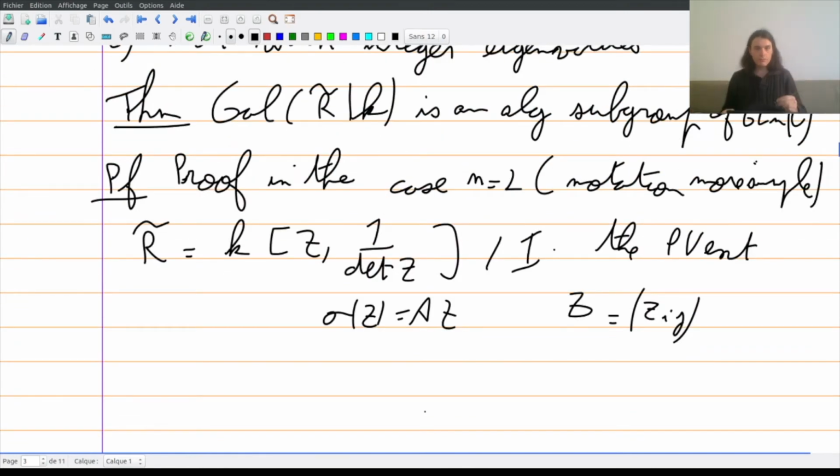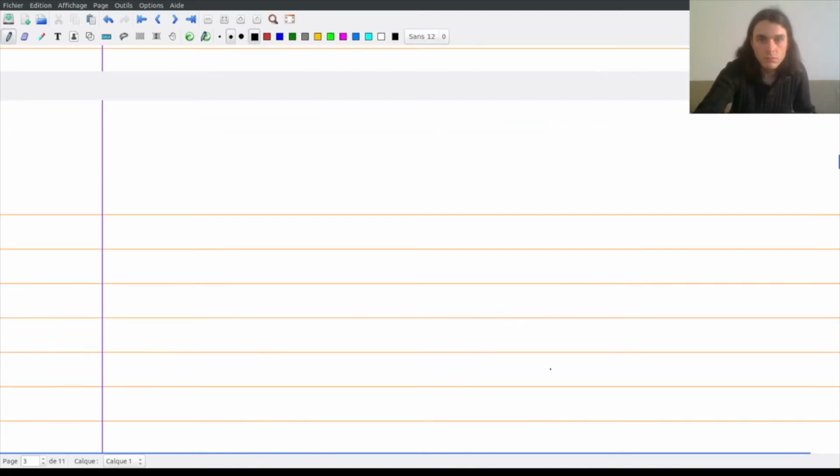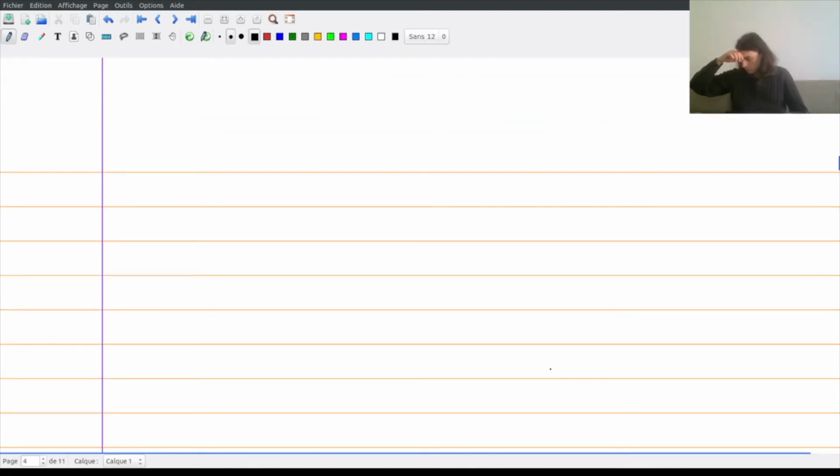And I the maximal sigma ideal. So let me start with a remark.